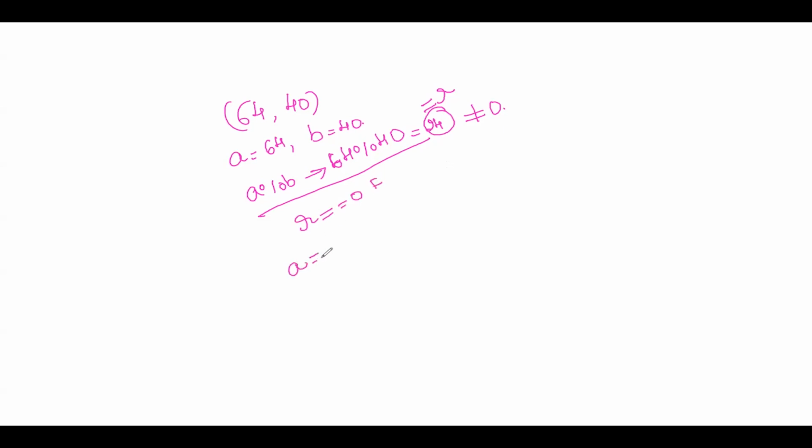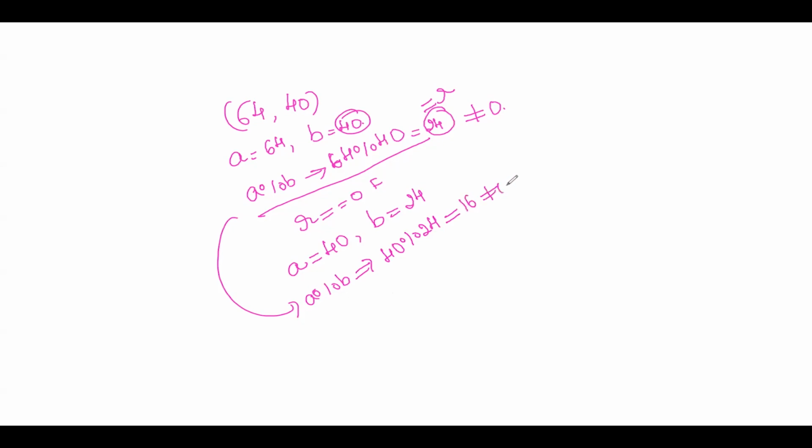That is, you now store the value of b, which is 40, in a, and instead of the b value, you store the value of the remainder, which is 24. Once again, you repeat the same step, a mod b, which is 40 mod 24. Once again, it does not divide completely, hence the r value we get is 16 here.